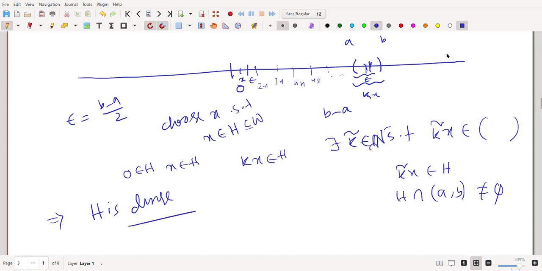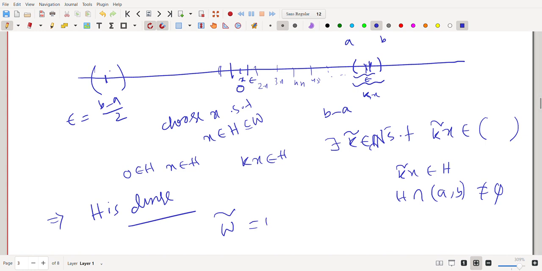Okay, why? Because you can do the same thing for a negative interval, because this is a subgroup, right? You can also do the same argument for negative real numbers.